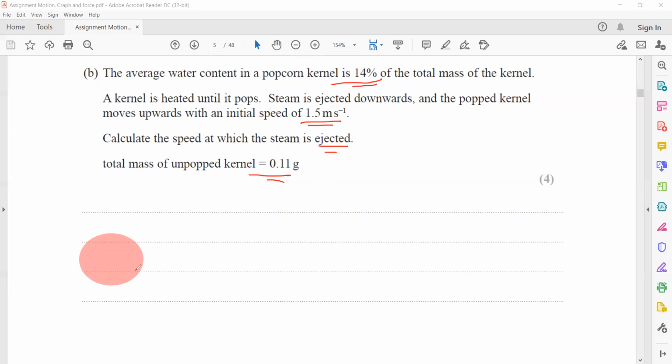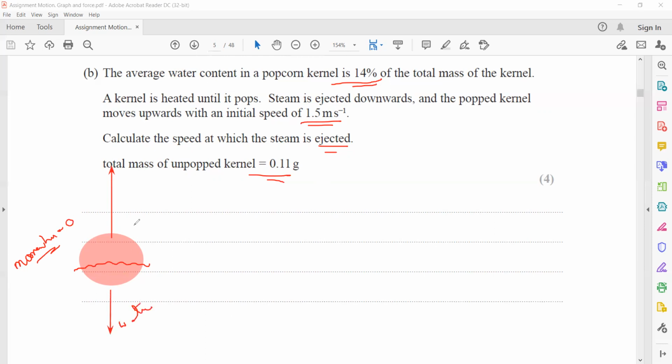So initially, when the popcorn kernel does not pop, initial momentum is 0. So when it pops, the final momentum should be 0 as well. So if the kernel part is moving upward, the water content will move downward.